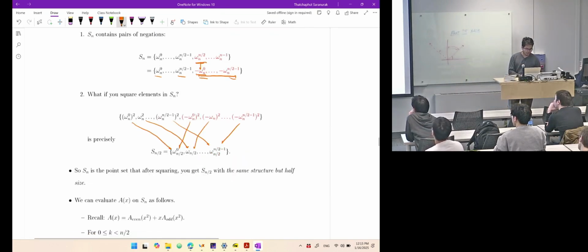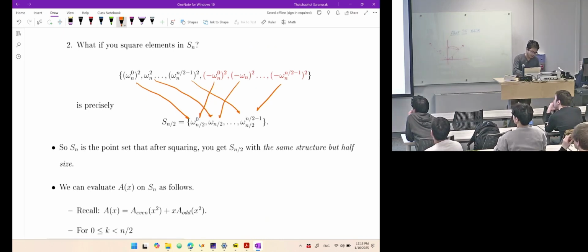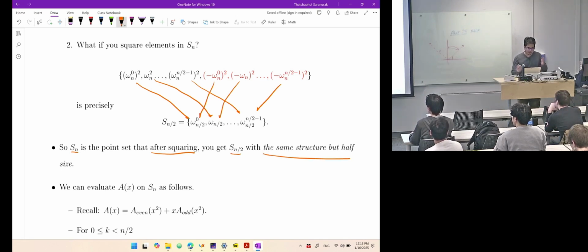Just to conclude, the nth root of unity is exactly the point set that after squaring, you get S n over 2. So it's the same structure but half size, with the same pair of negation.